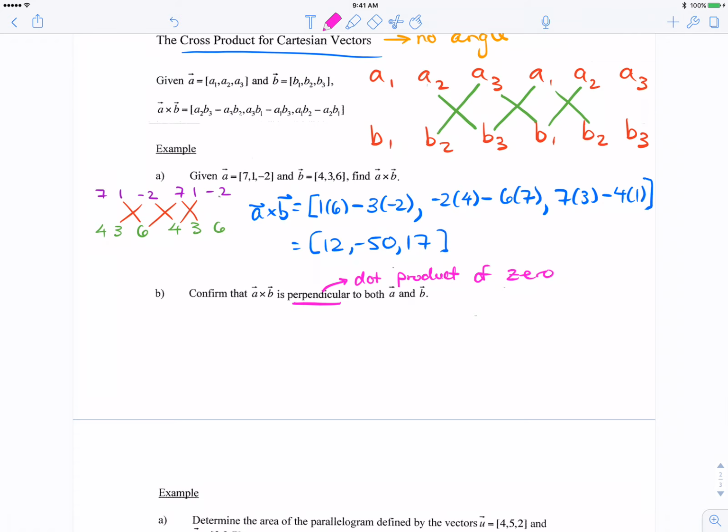So here's what I would do. The first one, 12, negative 50, 17. I'm going to dot that with A, and A was 7, 1, negative 2. And I'm going to do the same thing over here, 12, negative 50, 17, dot B, which was 4, 3, 6.